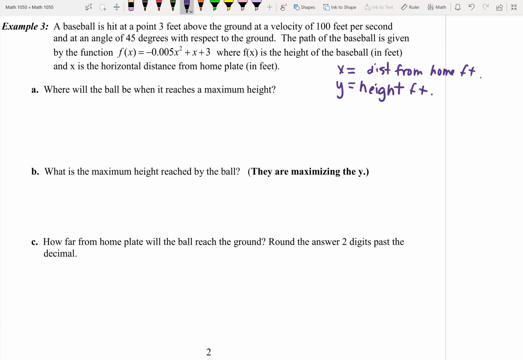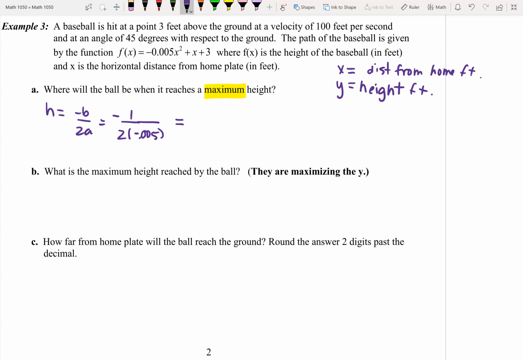Okay, now I'm ready to do it. Where will the ball be when it reaches a maximum height? There's that word again, maximum. Okay, so I know when it says min or max, I'm going to do negative b over 2a. So I go h is negative b over 2a, which is negative 1 over 2 times negative 0.005. 2 negatives gives me a positive. Make sure you know how to put this in your calculator correctly, guys. You go 1 divided by, every person in the room tell me what to push right now.